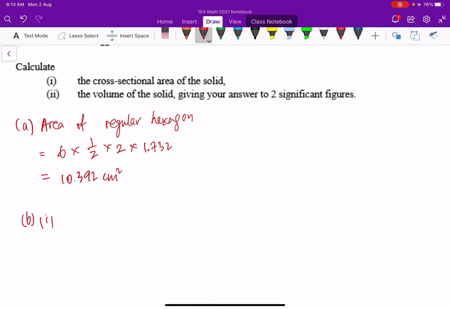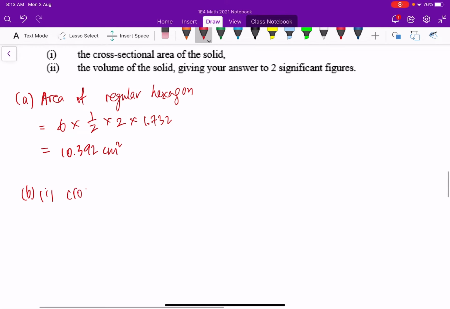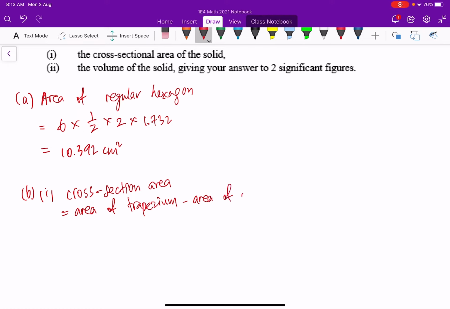So, need to write down a statement. Please follow me here. Cross-section area will be equals to area of trapezium minus area of regular hexagon. Okay, so the area of the trapezium, if you look at it, I hope you still remember, is half times the top and bottom, which is the two parallel sides, add together, multiply by height.